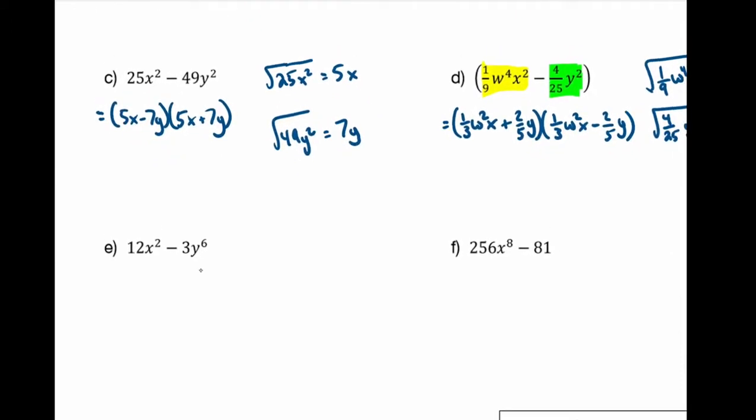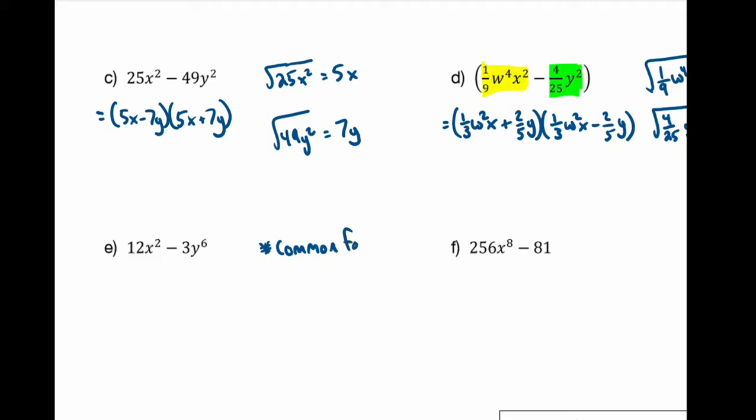E, looking at them, it has the general form of a perfect square. However, if you try to take the square root of 12x squared, you will get the x, but the 12 isn't a perfect square root. So right off the bat, this one doesn't really look nice, but what we can do is common factor.